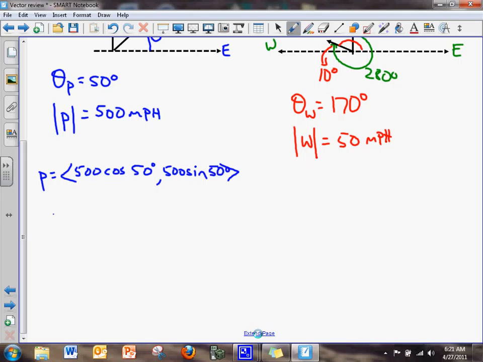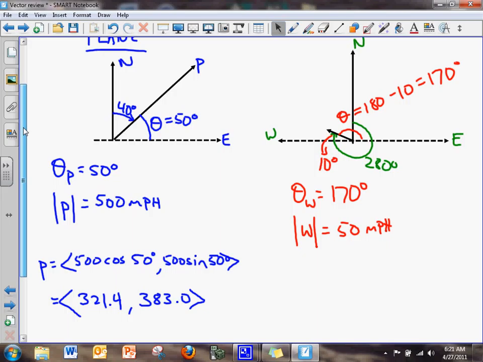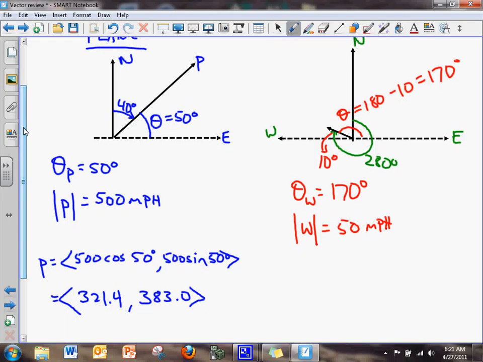I did that calculation already. The horizontal component is 321.4, and the vertical component is 383.0. Those are the components of that vector right there. It's over 322 and up 383.